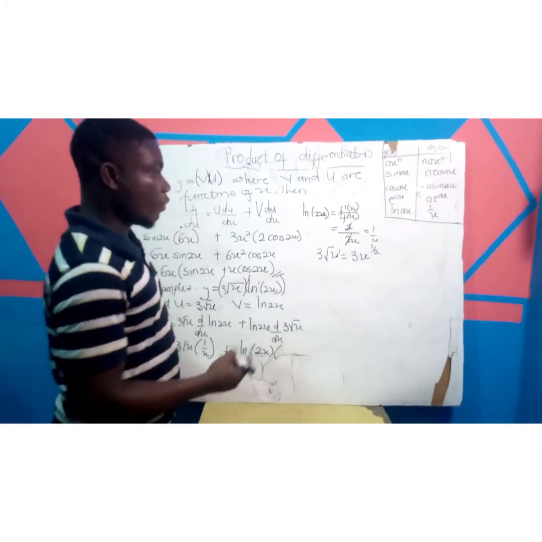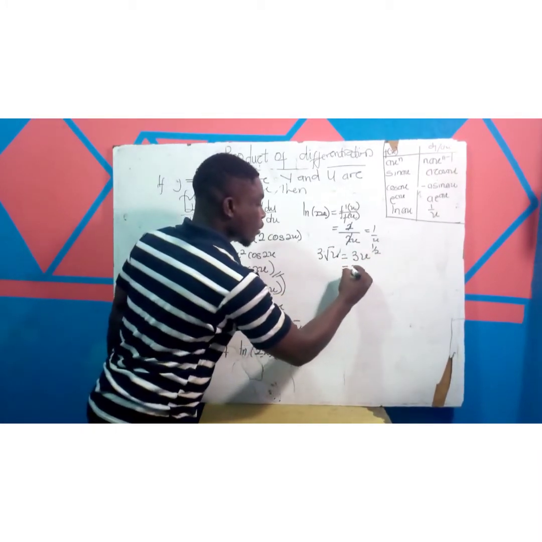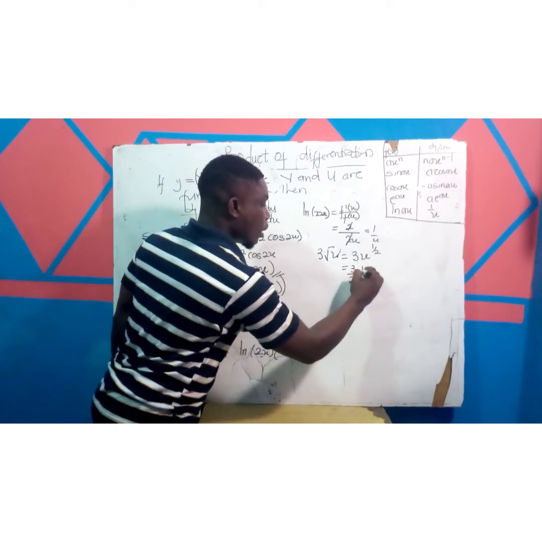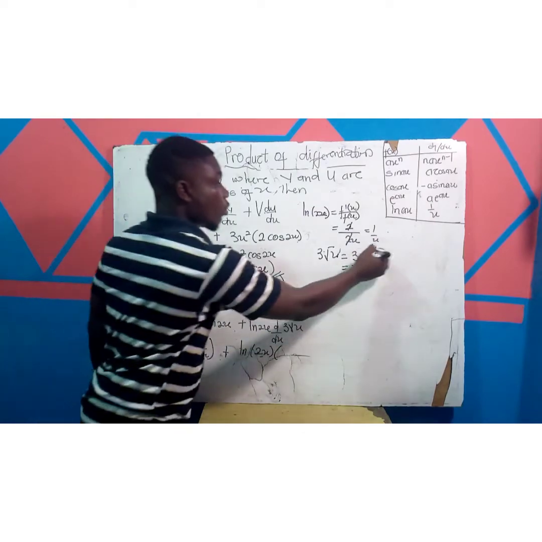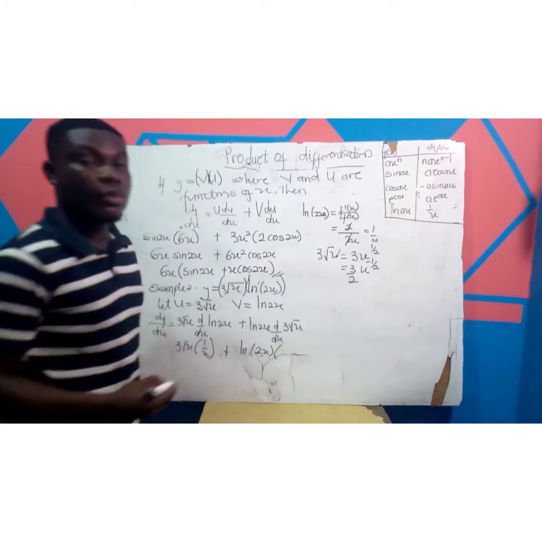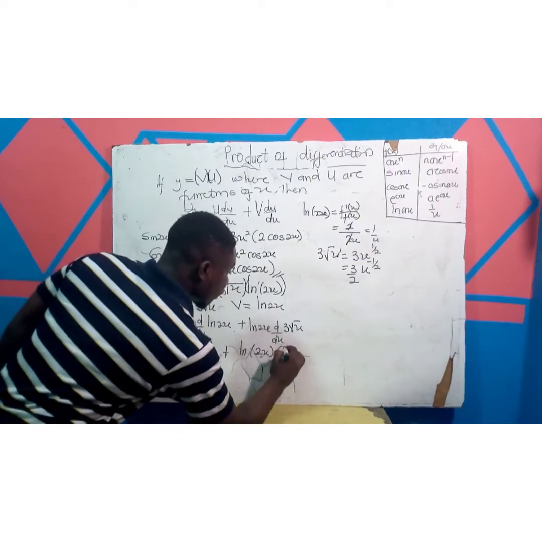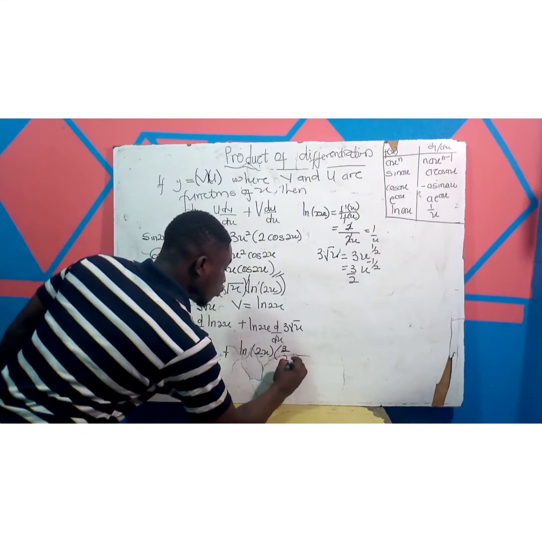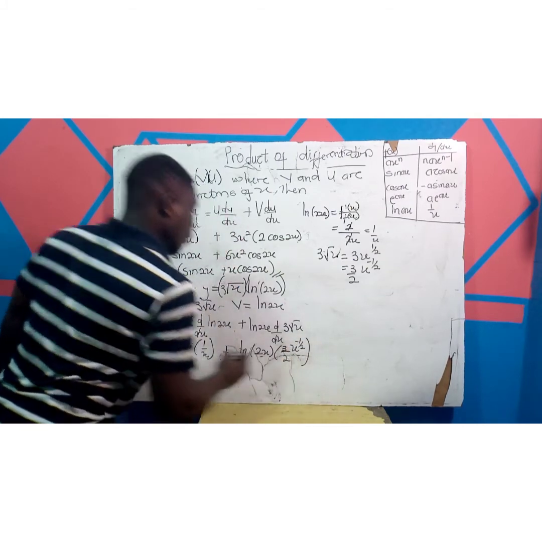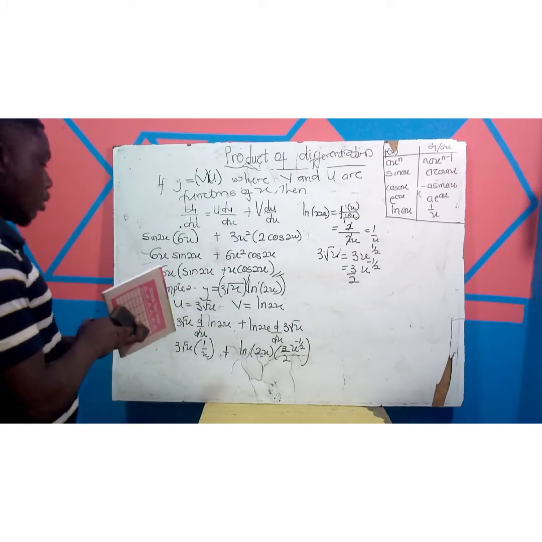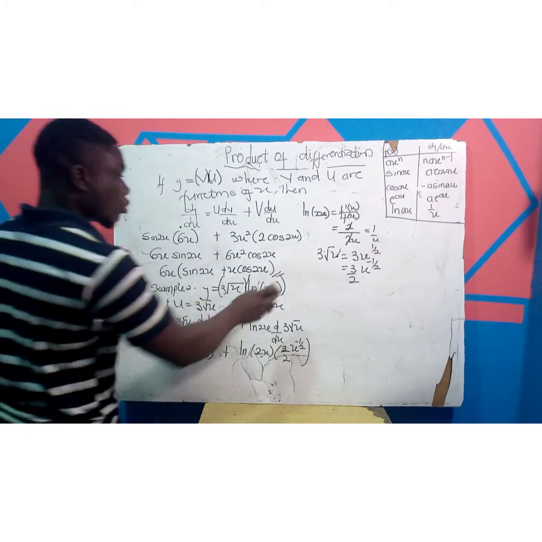If we differentiate this, that will give us 3 over 2 x exponent negative half, because half minus 1 gives us x exponent negative half. So putting it here, we have 3 over 2 x exponent negative half. So let's expand our bracket and see what we will get.